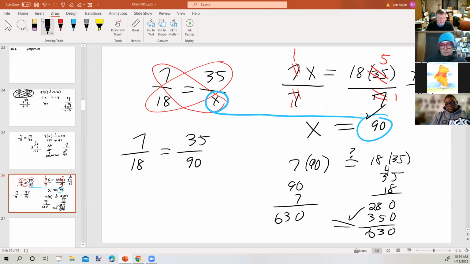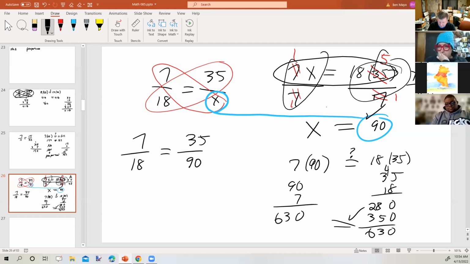So what were the steps? We set the cross products equal to each other. We isolated the variable. We simplified the answer if possible, and then we checked our work.